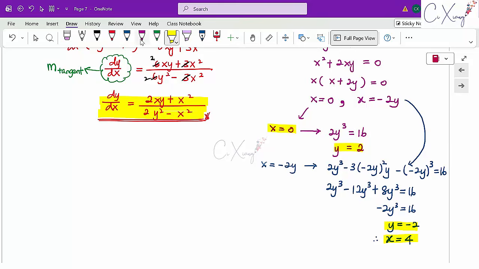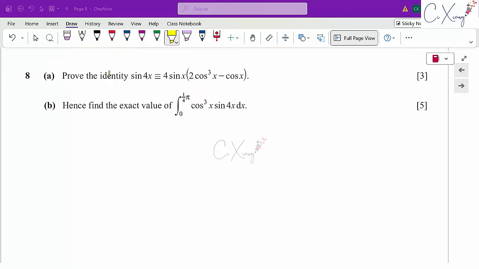So you can rewrite your final answer again. The two points with normal parallel to the y-axis are (0, 2) and (4, negative 2). Yeah, so this is how we solve this question.